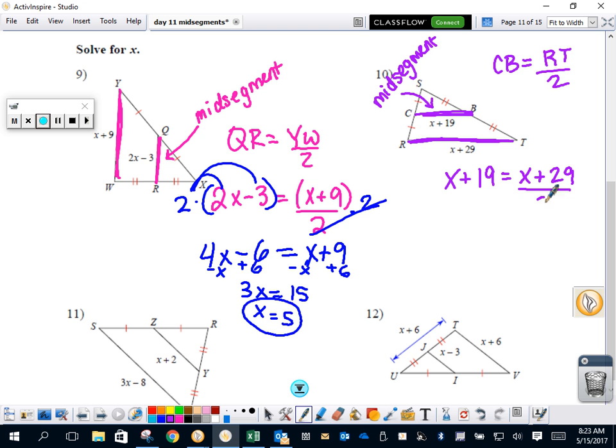Okay. All right, multiply both sides by 2. What do I have to make sure to do with my x, though? You have to make sure to distribute.